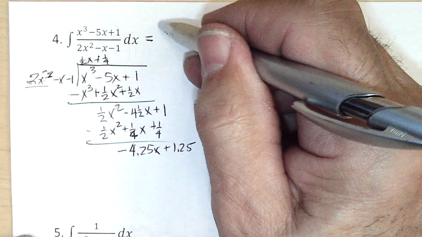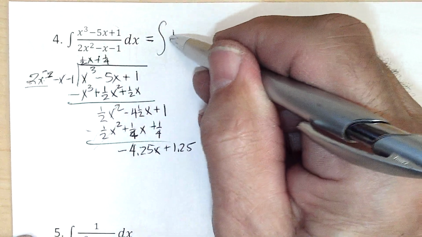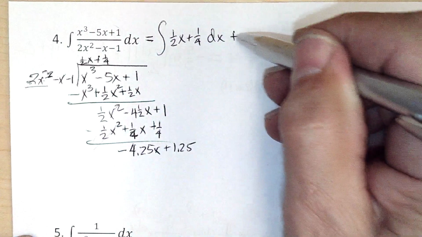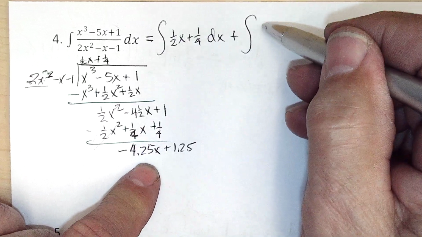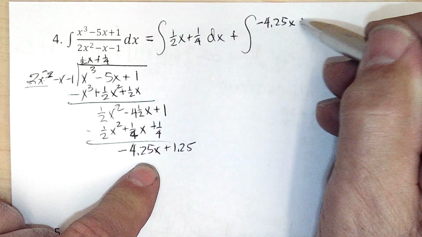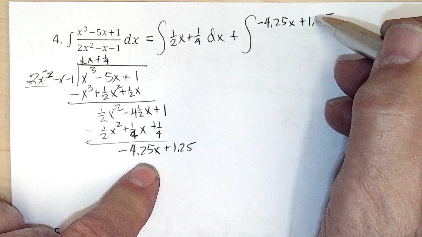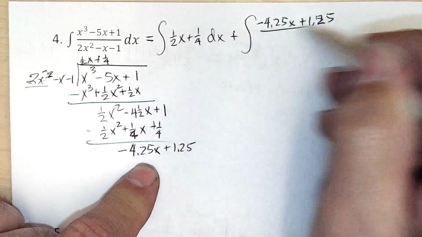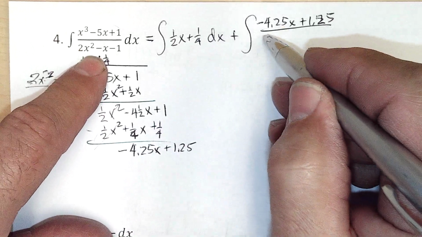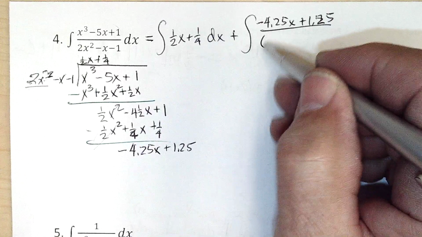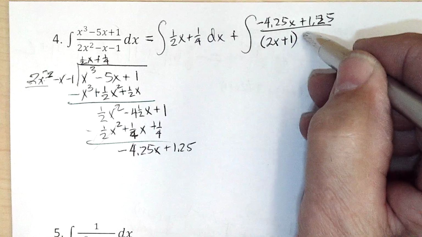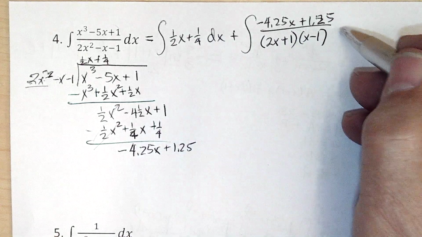So it becomes the integral of this plus the integral of the remainder over the divisor, which I find it factors to 2x plus 1 and x minus 1 because we factored that earlier.